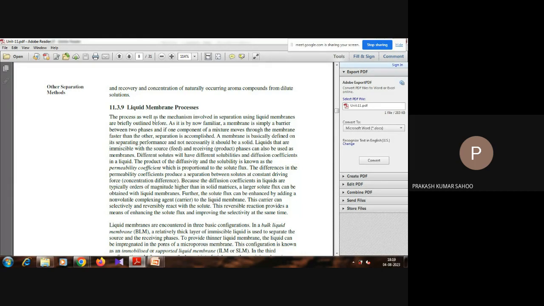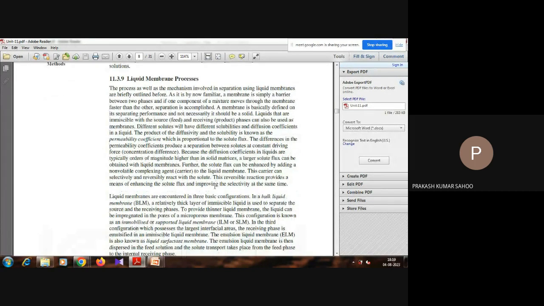That means the liquid samples get separated depending upon the movement of the respective constituents or components of the mixture. Different solutes will have different solubilities and diffusion coefficients in a liquid. As we know, this is known as the permeability coefficient. That is how fast the different particles pass through this membrane depends upon the permeability coefficient.